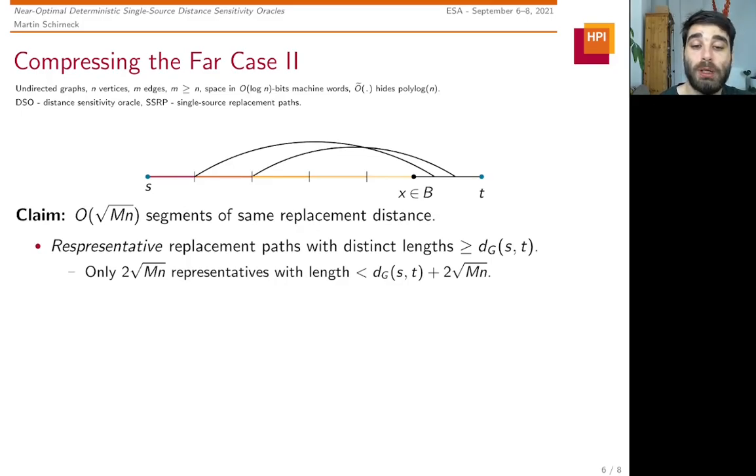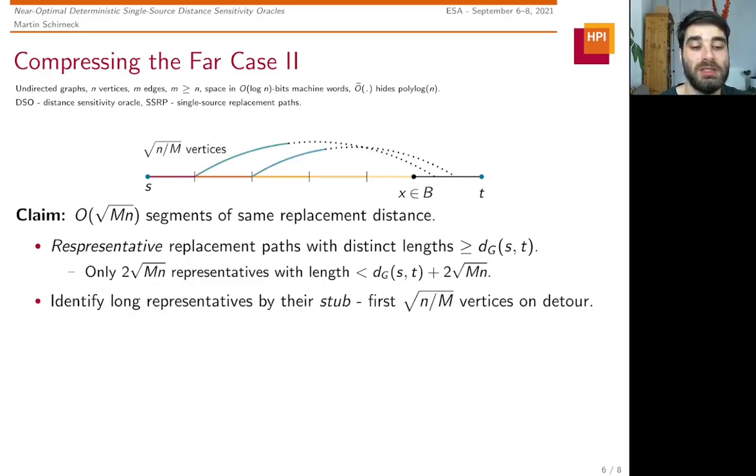And to also bound the number of long representatives with the distance longer than that, we use what we call stubs. These are the first square root of n divided by capital M vertices on their detour path.